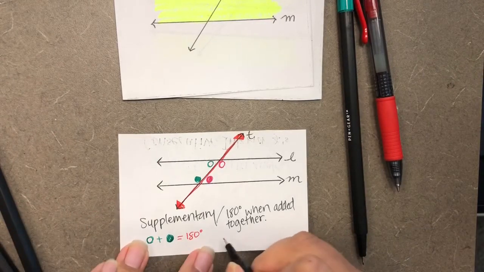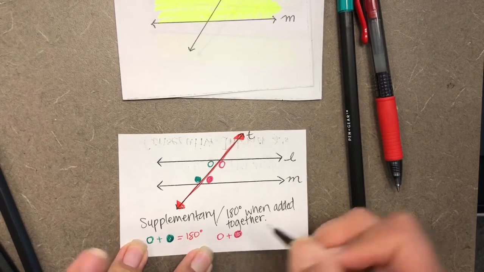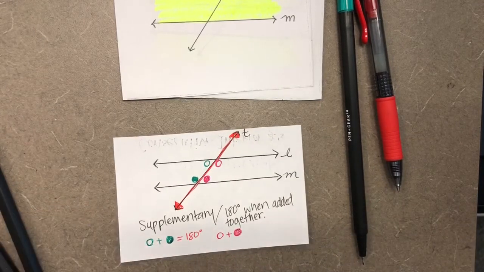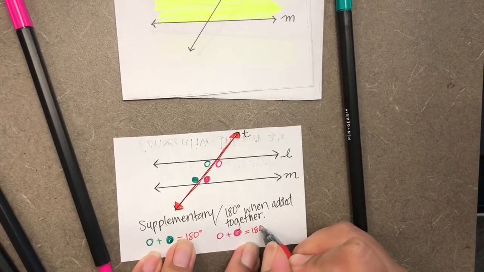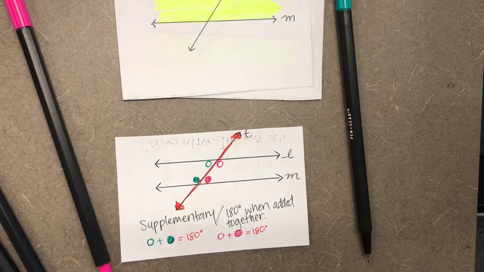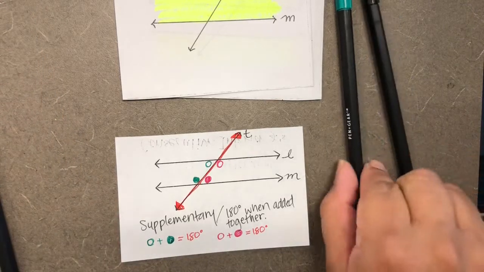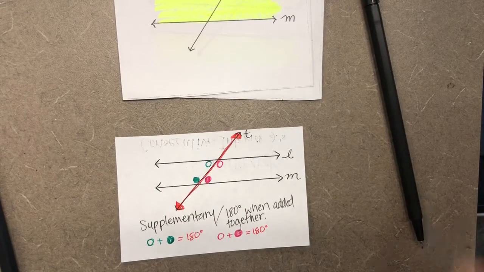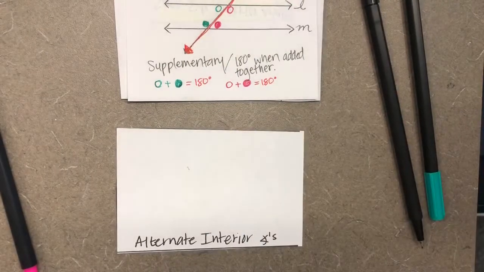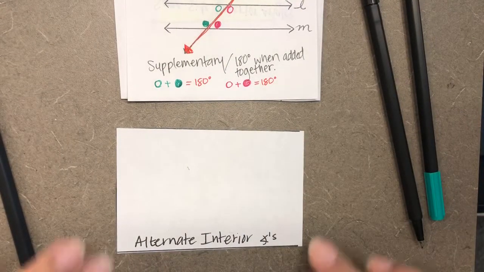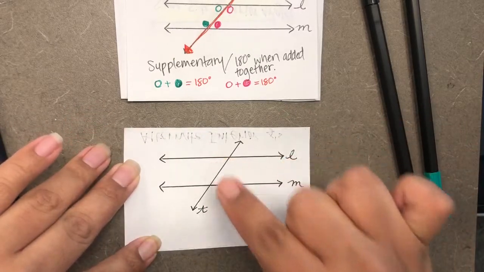Okay, you can have the pink open circle plus the filled pink circle, and it's going to equal 180 degrees. Okay, all right, let's move on to the next one, which is alternate interior angles. And alternate interior angles are going to alternate the side that they are on.